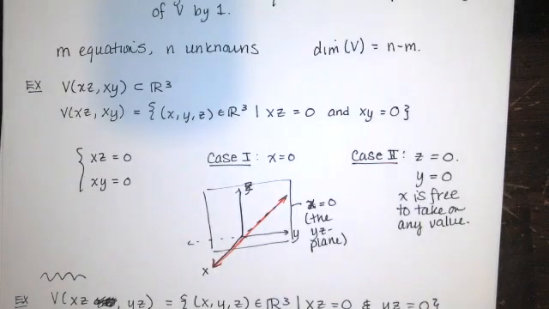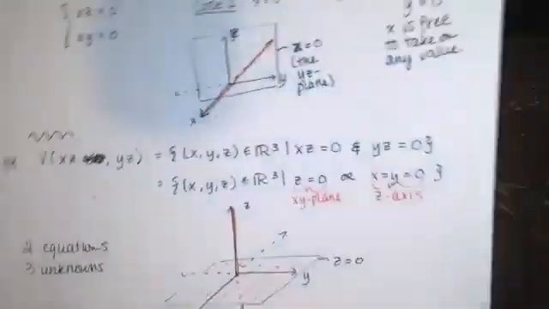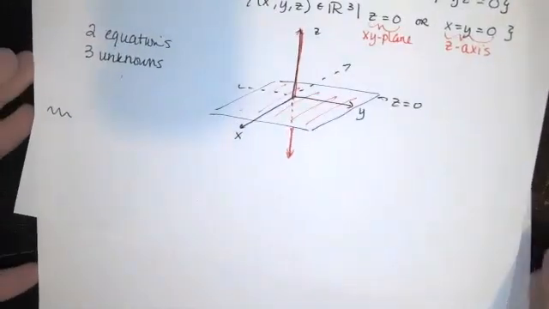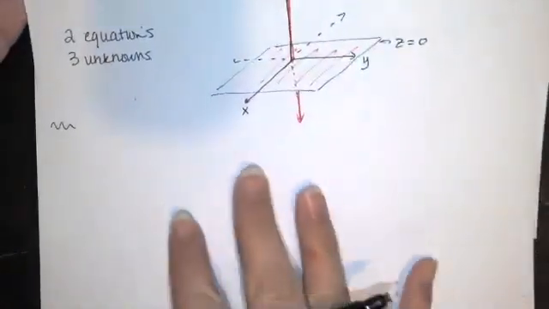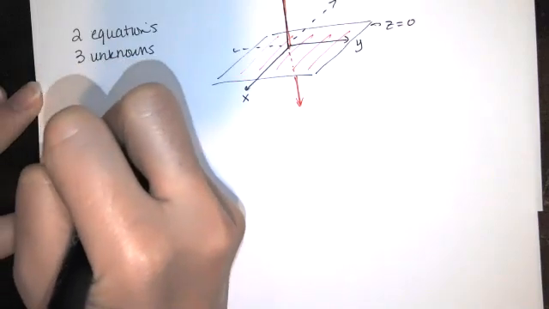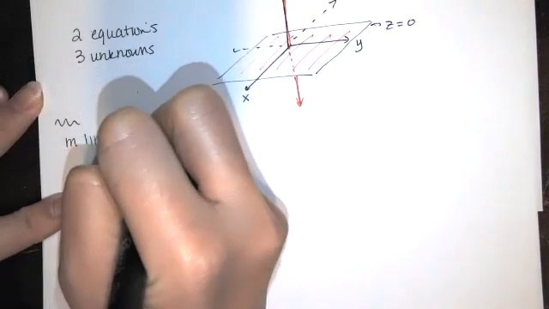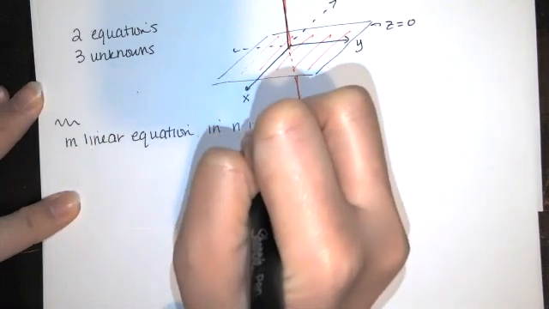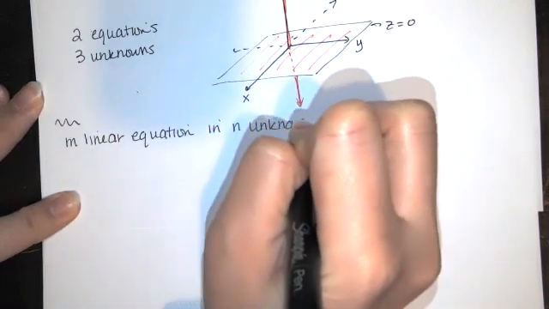Now, going back to that linear algebra example, if you've taken linear algebra, you've probably seen the systems of linear equations and n unknowns. So let's say we have m linear equations in n unknowns, x sub 1 through x sub n.